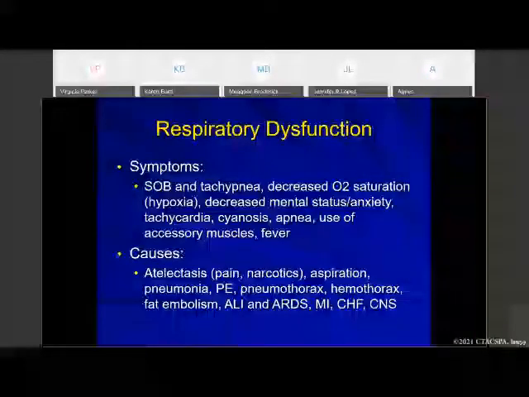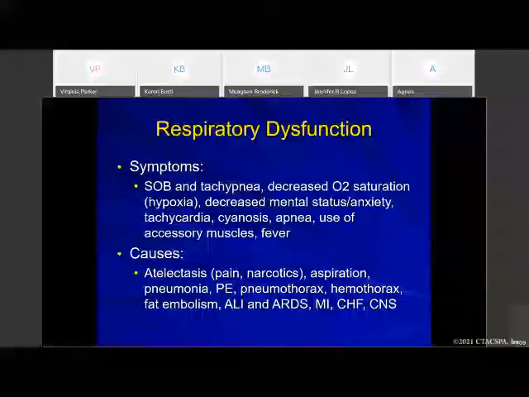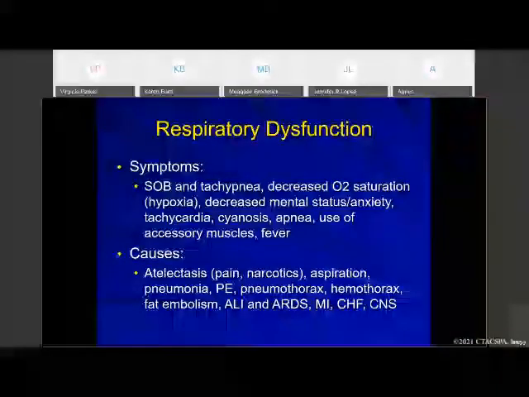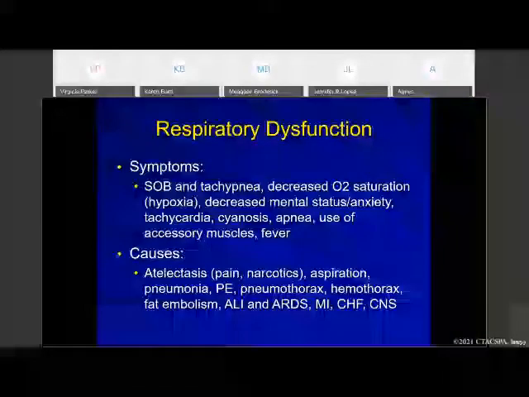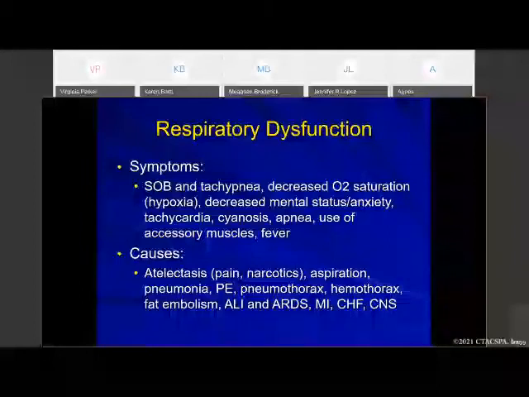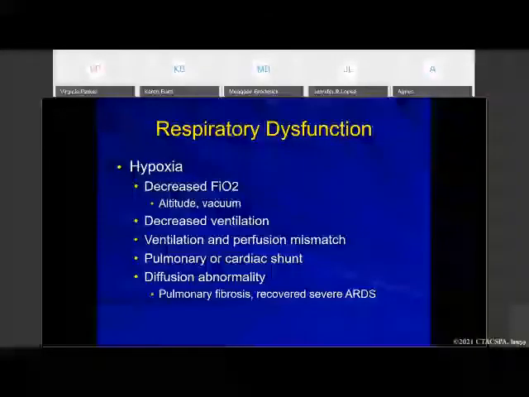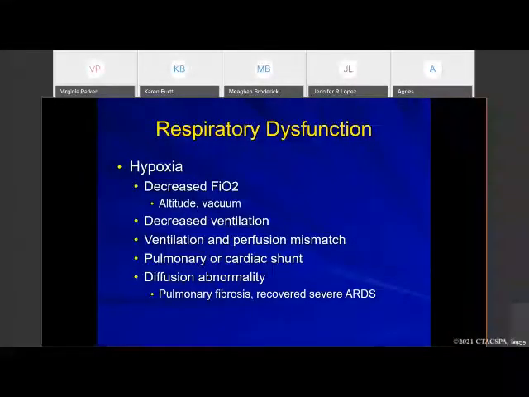Causes, especially for surgical patients, could be atelectasis from pain and narcotics, aspiration, pneumonia, pulmonary embolism, pneumothorax, hemothorax, fat embolism. It could be as bad as ARDS if someone's septic, and the other things that you see there, which you should all know something about.